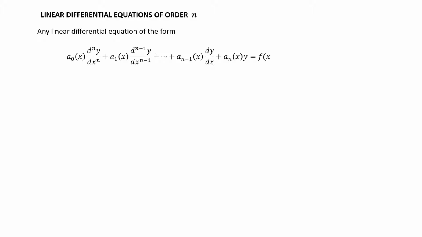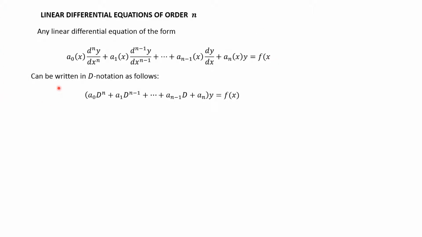Now let's define what a linear differential equation of order n is. Any linear differential equation of the form a sub 0 x times the nth derivative of y with respect to x, plus a1 x times the (n minus 1)th derivative of y with respect to x, plus a sub n minus 1 x times the first derivative of y with respect to x, plus an x y equals f of x is a linear differential equation.